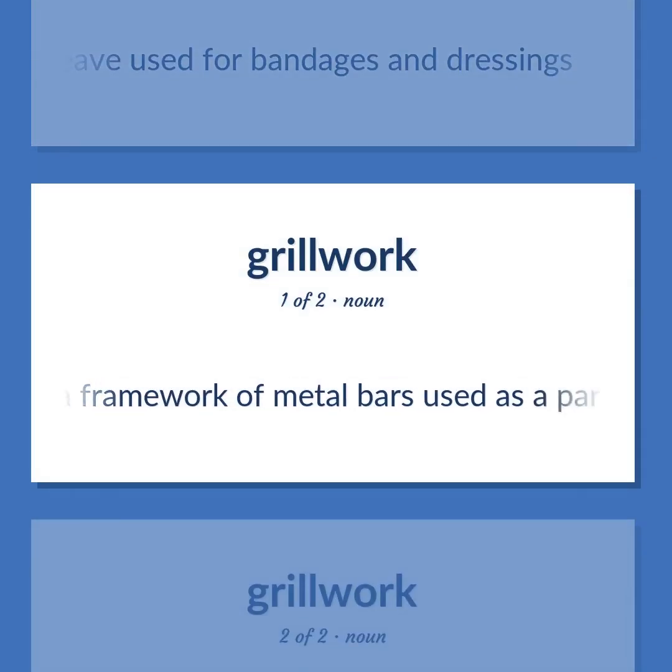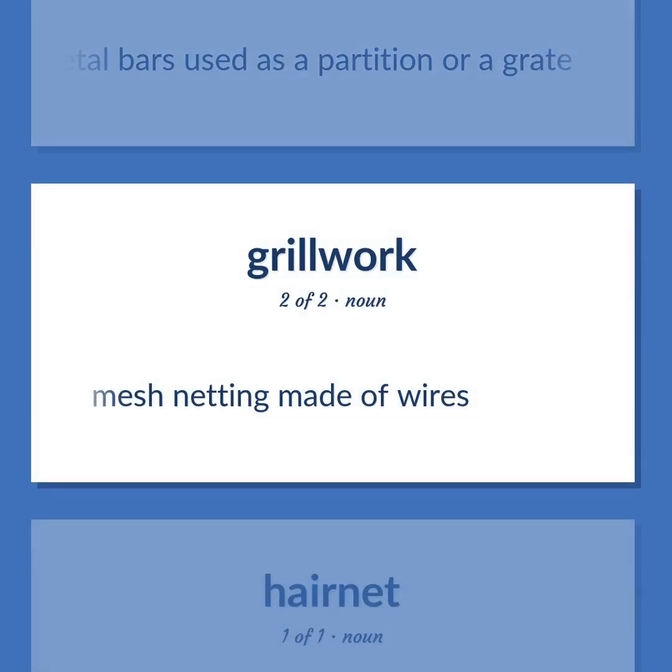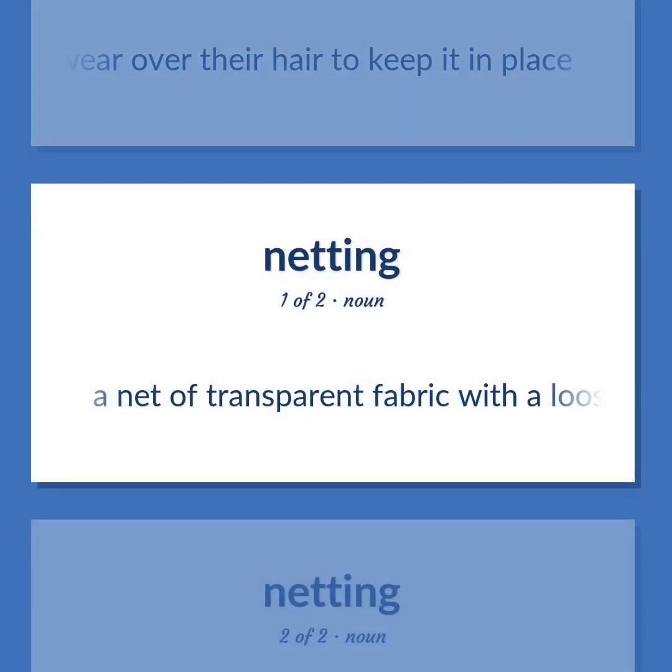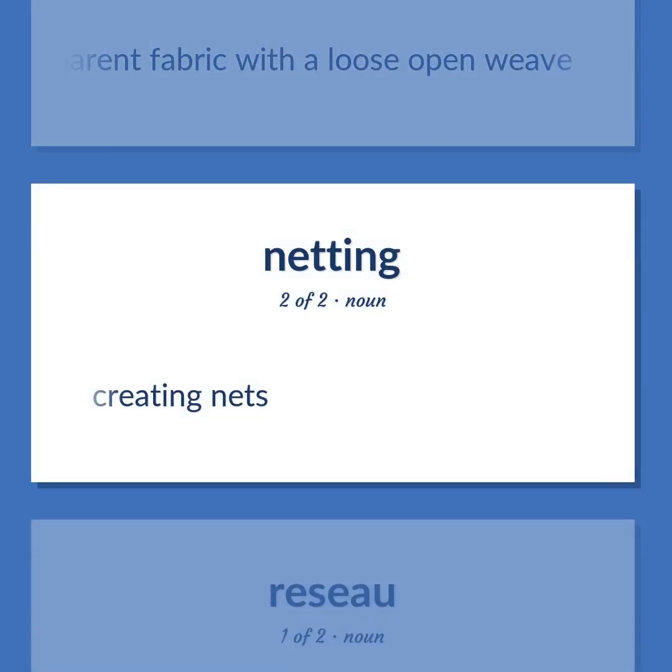A framework of metal bars used as a partition or a grate. Mesh netting made of wires. A small net that some women wear over their hair to keep it in place. A net of transparent fabric with a loose open weave. Creating nets.